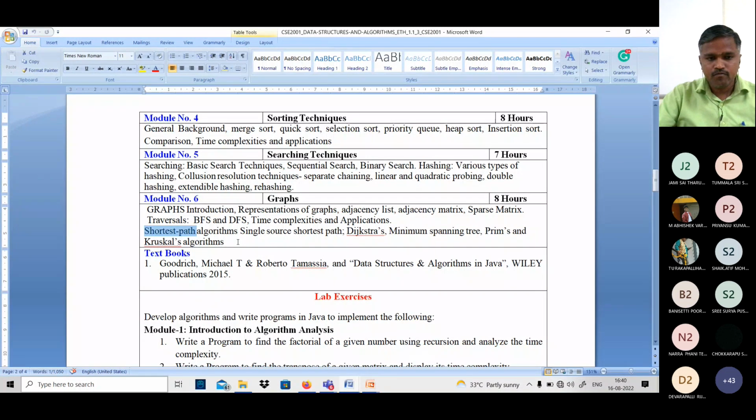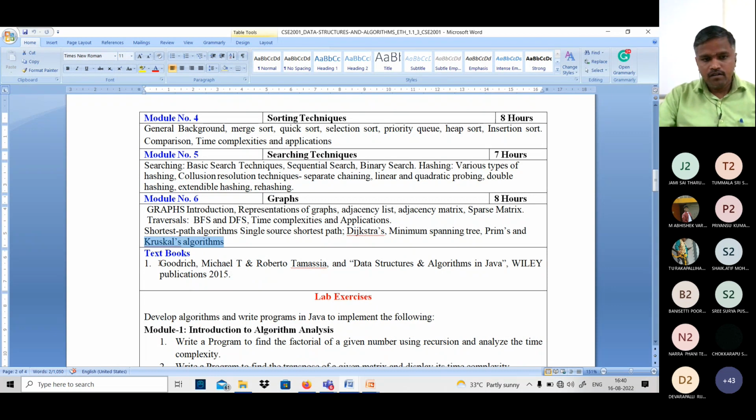When you travel from one location to another, you try to find the shortest path between 2 places. For that, there are some algorithms: Dijkstra's algorithm, Prim's algorithm, and Kruskal's algorithm. Three different algorithms are there. These are useful to find the shortest path between 2 locations, I mean source and destination.